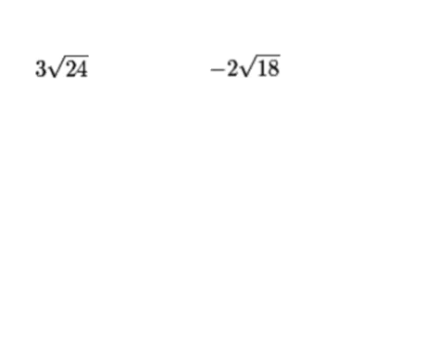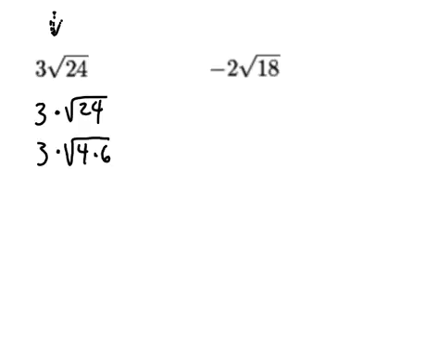Let's look at another example of this. Here we have 3 times the square root of 24. Now what I'm going to do is look again for those perfect squares, two numbers that multiply together to give me 24. Well, how about 4 times 6?